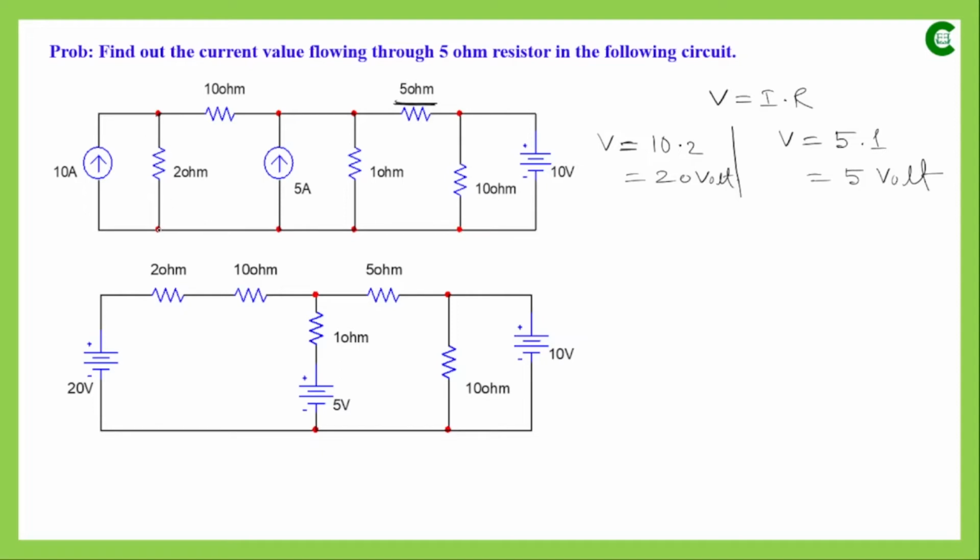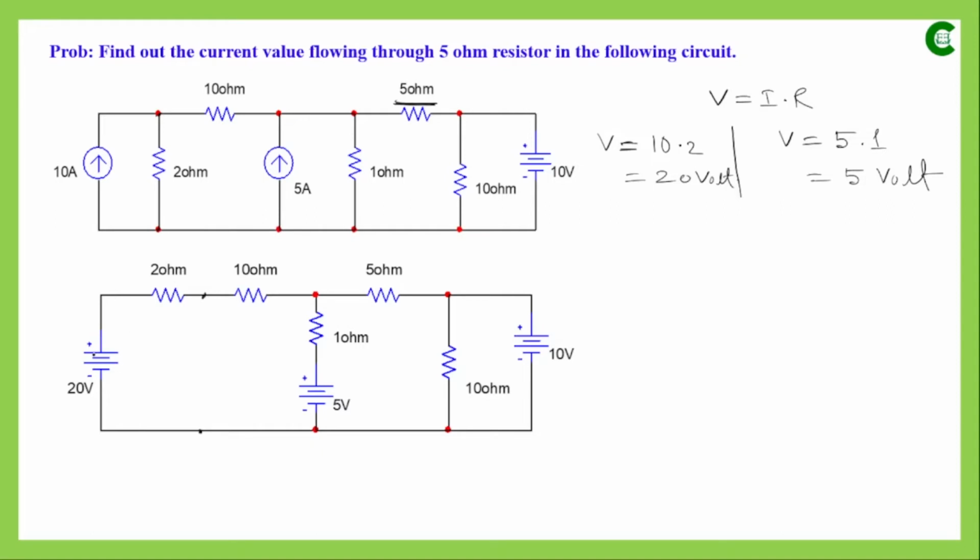After transformation, between these 2 points we will have a voltage source, and in series with that voltage source we will have the same resistance. So this is in the modified circuit. This is the pair of points between which these 2 branches were connected in parallel. So we will connect the series part, the voltage source and resistance, between those 2 points only. This is the voltage source having value 20 volt, and this is the resistance value.